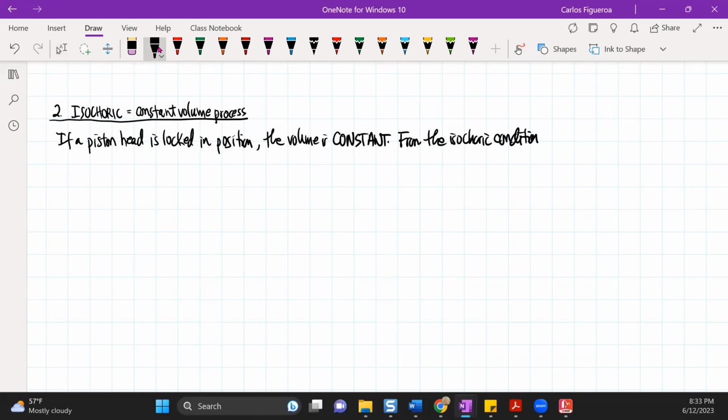we see here that pressure, volume, temperature, that if the volume is fixed, then what we see here is that the ratio of pressure to temperature must be constant. And this is the so-called isochoric condition.